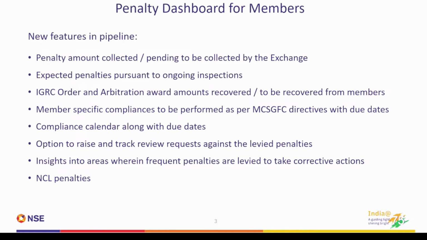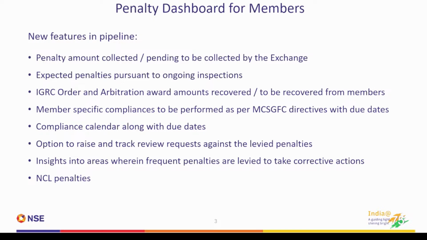And also, investors file complaints against trading members on the exchange platform, so that complaint goes through various processes. First, IGRC process, then arbitration, then appellate arbitration. So if the complaint is with IGRC and IGRC has passed an order, then that IGRC amount will be shown in the penalty dashboard.